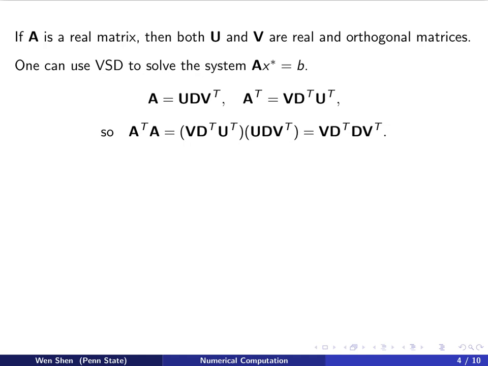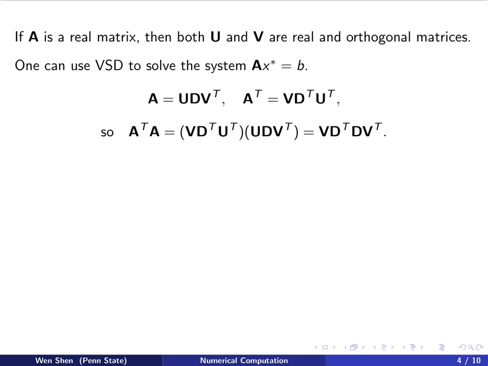Here are some details. We start with the A matrix, which is U D V^T, the singular value decomposition. Then we compute A transpose, which is the transpose of each of them, but reversing the order. V transpose gives you V, and then you get D transpose and U transpose.